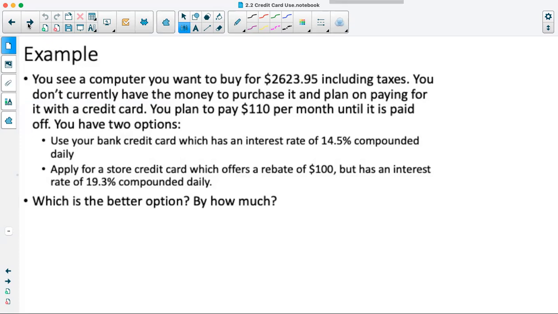One is your bank credit card, which has an interest rate of 14.5% compounded daily. That's something else with credit cards: often you will also have compounding daily. You can also apply for a store credit card, which offers a rebate of $100 plus an interest rate of 19.3% compounded daily. We want to know which is the better option and by how much.